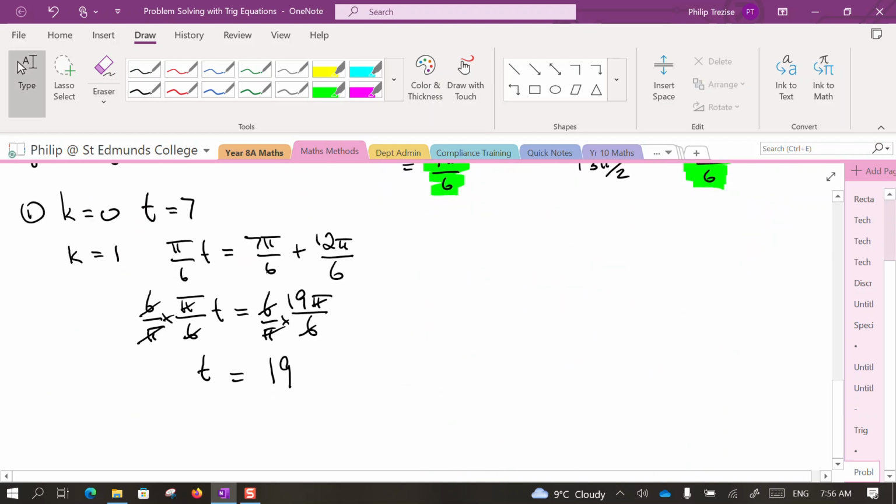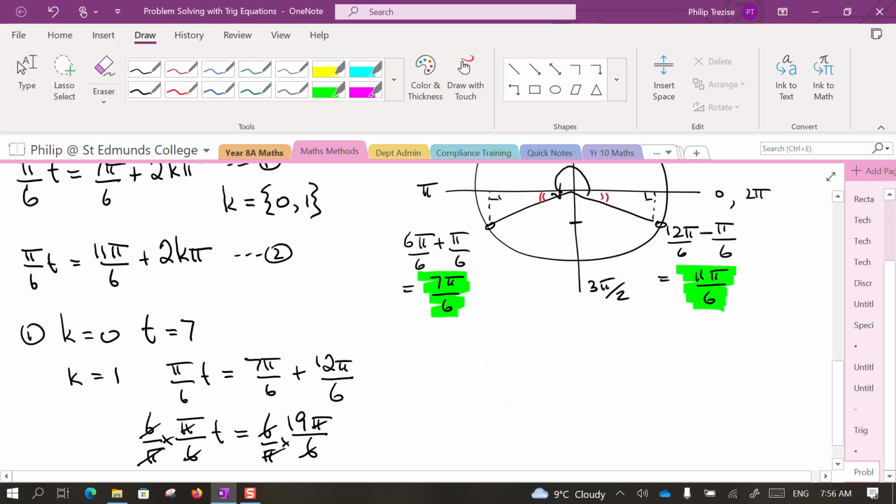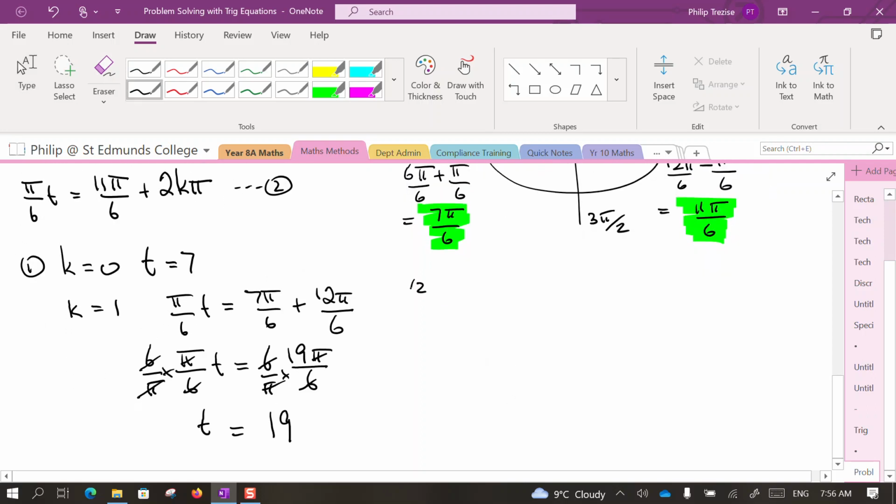Now, if you repeat this calculation, let's use equation 2, our second solution. Let's go with k equals 0. So if k equals 0, I literally have pi over 6 times t equals 11 pi over 6. t corresponds to 11. And if k equals 1, I have pi over 6 times t equals 11 pi over 6 plus 2 pi.